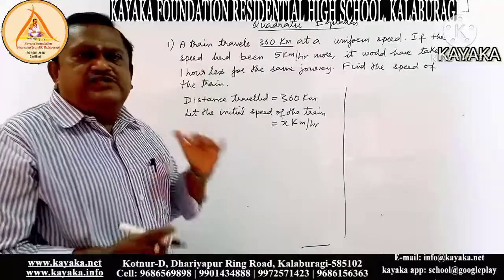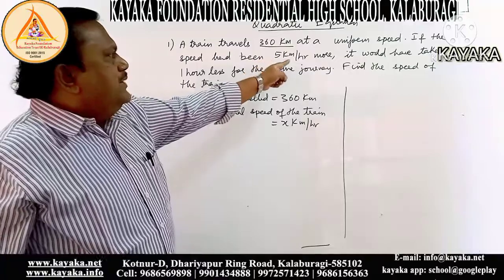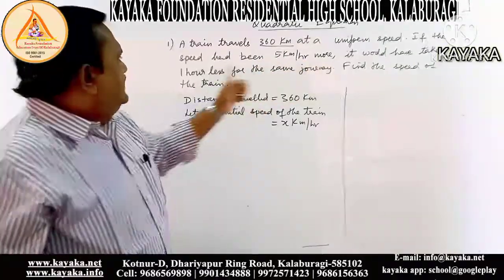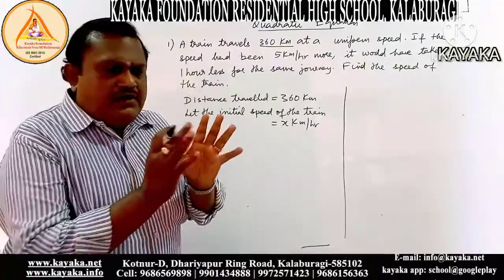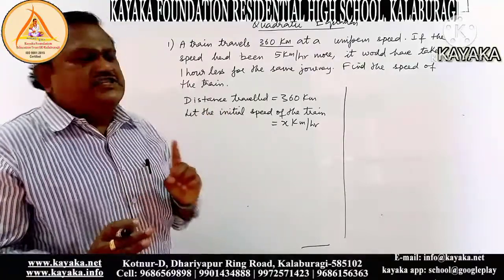Next step. They have said if the speed had been 5 km per hour more, it would have taken 1 hour less, because they are now combining with time. Therefore we have to find the time taken for the initial speed.